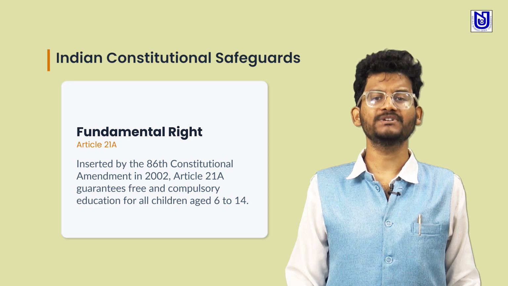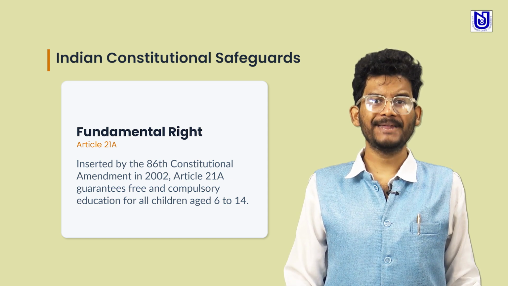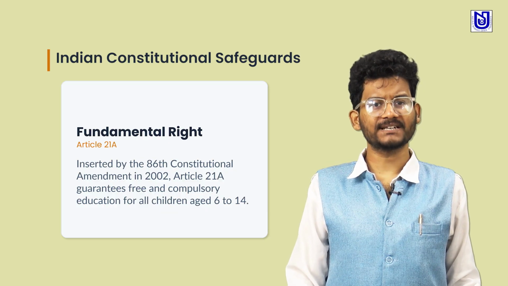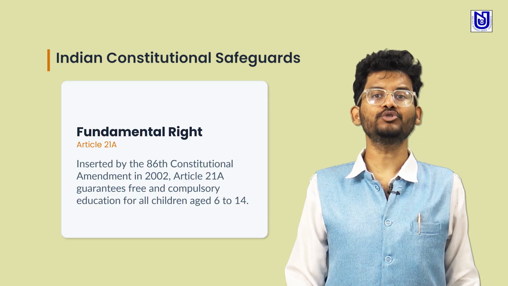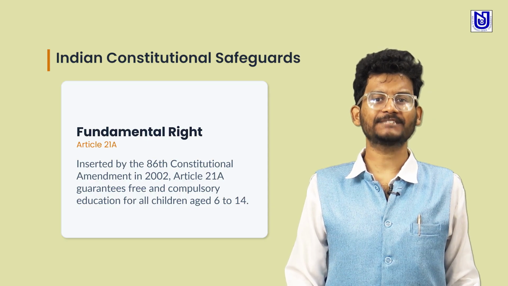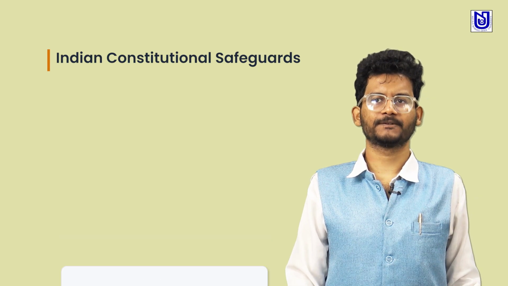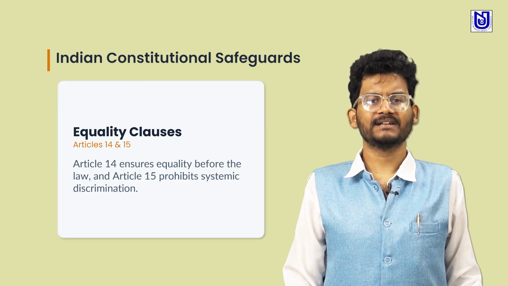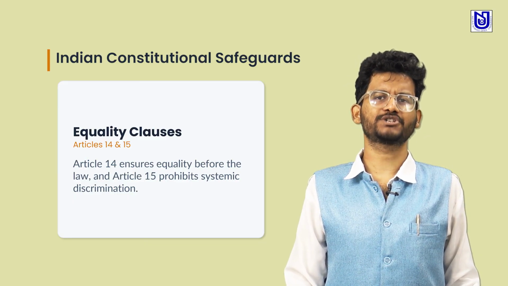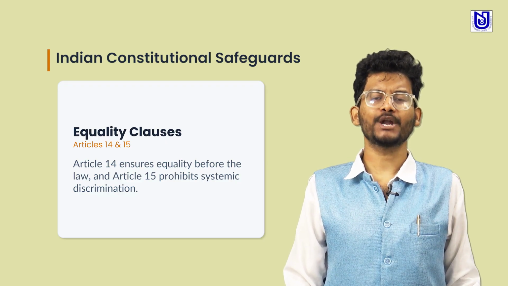This paved the foundation, the legal scope for explicitly bringing children from diverse communities and across diverse abilities into the educational forum irrespective of their socio-economic backgrounds. Similarly, the equality clauses under the fundamental rights of our constitution under Article 14 and 15 also ensure equality and fair treatment.